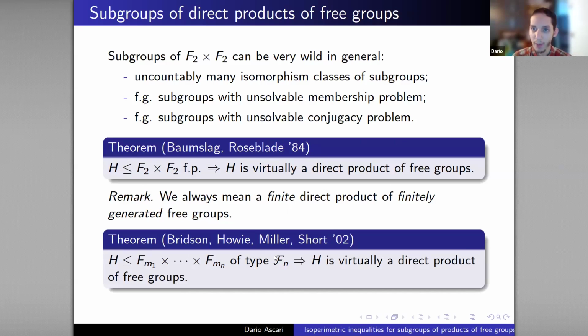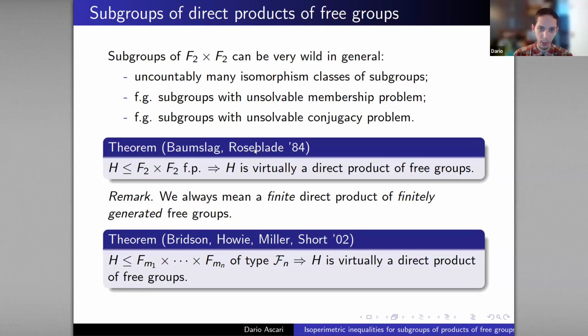What does type Fn mean? Here, let me recall very quickly the definition. Type Fn means that there is a K(H,1) with finite n-skeleton. In particular, say for two factors, type F2 means there is a K(H,1) with finite 2-skeleton, which means that H is finitely presented.